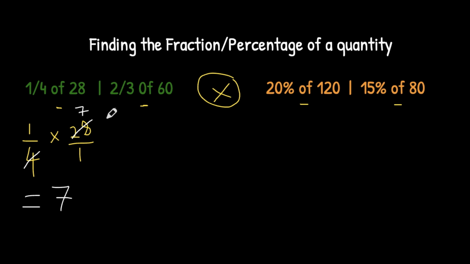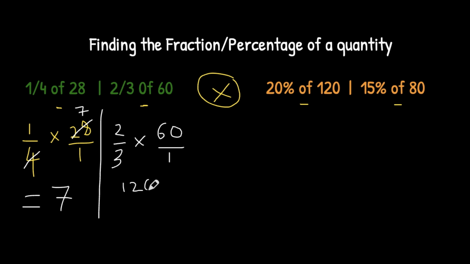So I've given you two sums because I want to give you another method. So 2 over 3, off means times 60, so 60 over 1. Another method: instead of dividing first, you can even multiply first, then divide. Although it's a bit longer, there are many ways to do mathematics. So 2 times 60 is 120.